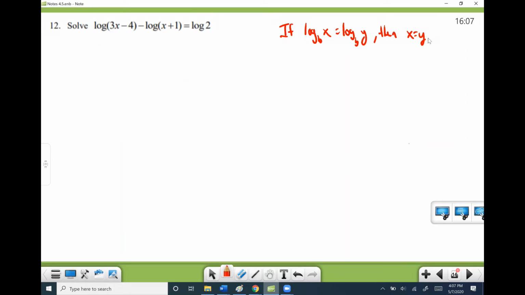So all that last section that you guys worked on will help. I know that subtraction of 2 logs, I can combine that into 1 log, right? So that'll become division, right? So I'm going to go ahead and put 3x minus 4 over x plus 1. And now I have taken the 2 logs and made them 1 log.